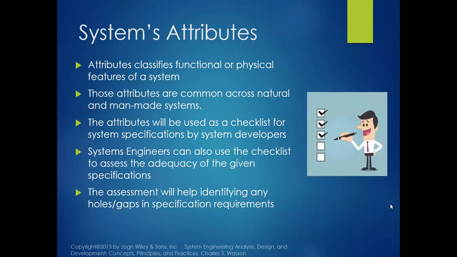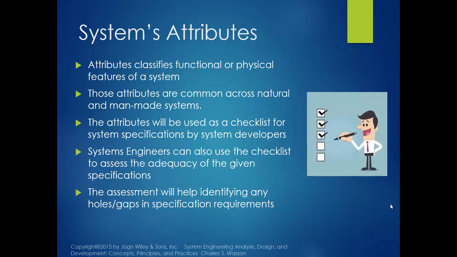So let's see the difference. Again, it might be a slight difference between the attributes, properties, and characteristics, but we have to look at each one of them differently in certain situations. Attributes are classified as functional or physical features of a system. Those attributes are common across natural and man-made systems.